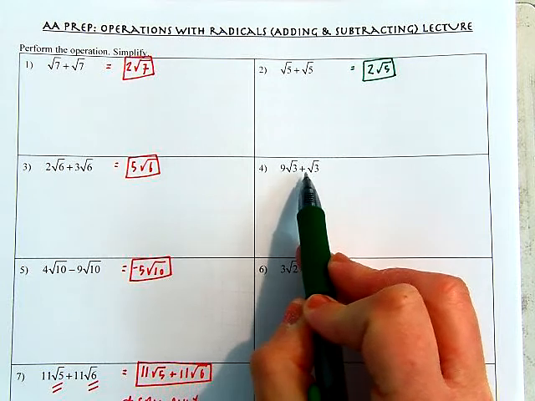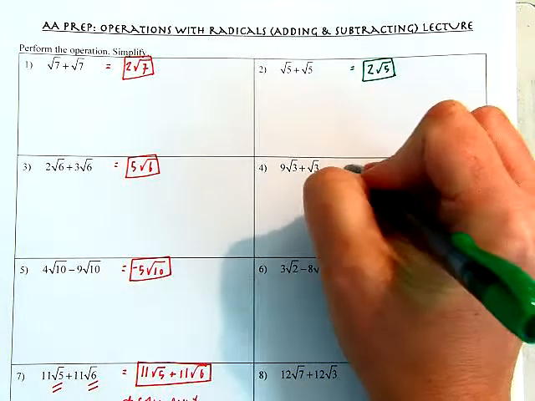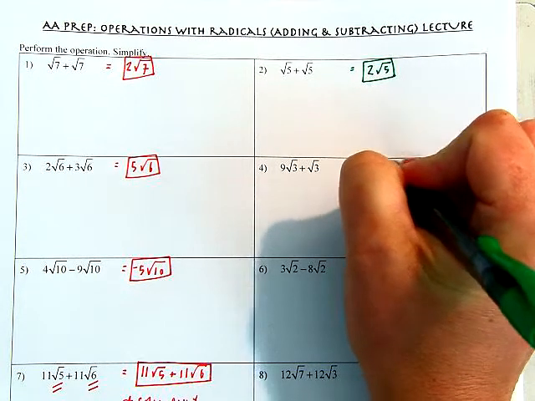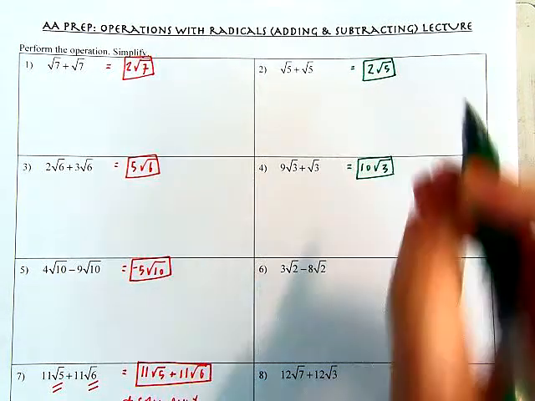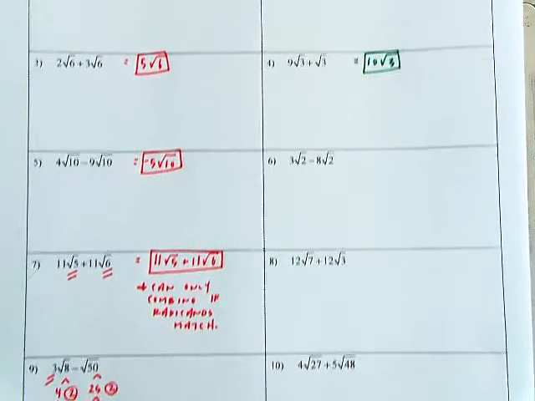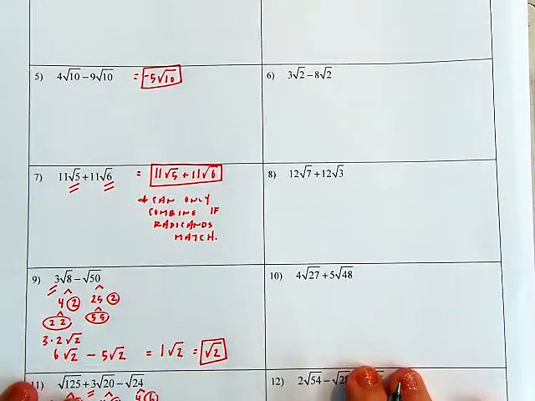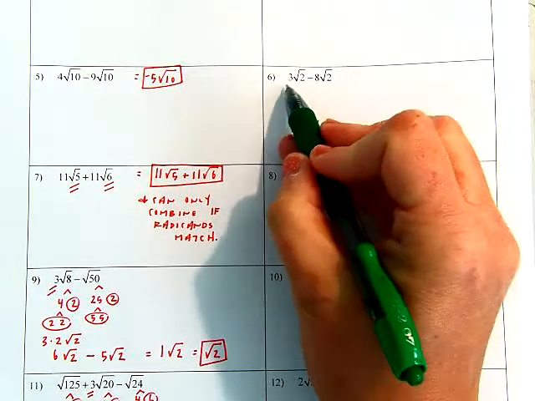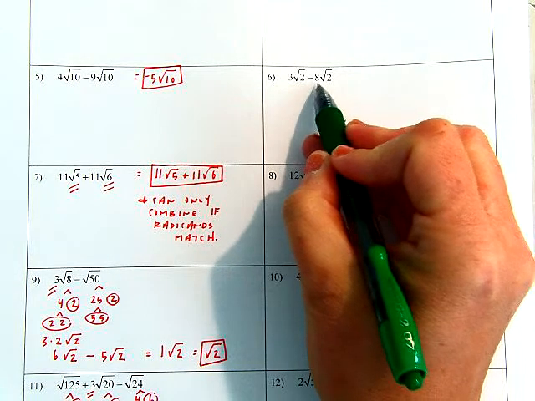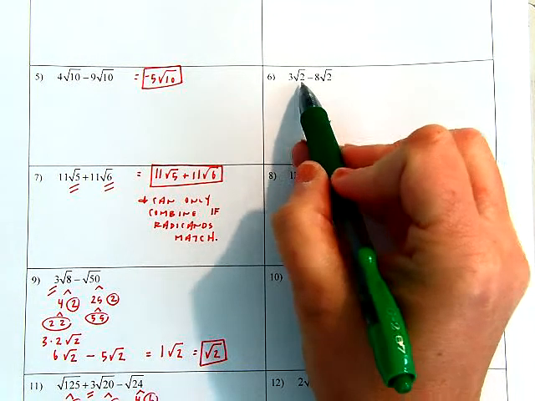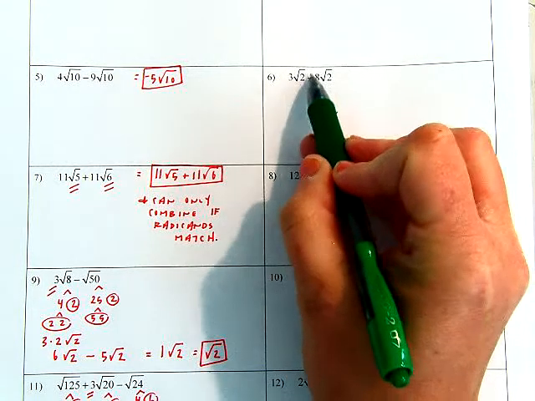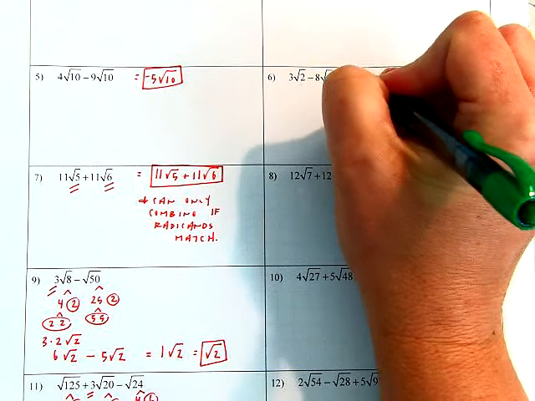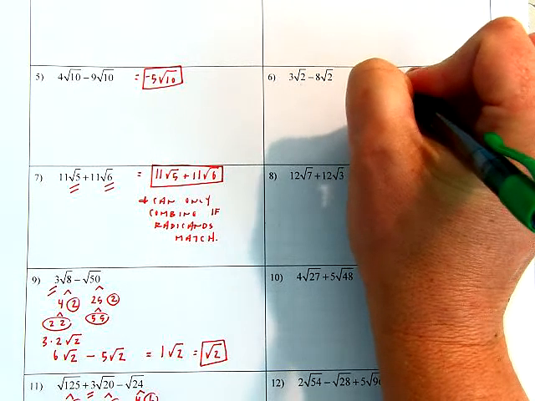So the 9 plus the 1 will make 10 square root 3. Okay, next, we push up a little bit. So here I have 3 square root 2 minus 8 square root 2. Again, they're both square root 2, so I can take the 3 minus the 8 and get a negative 5 square root 2.